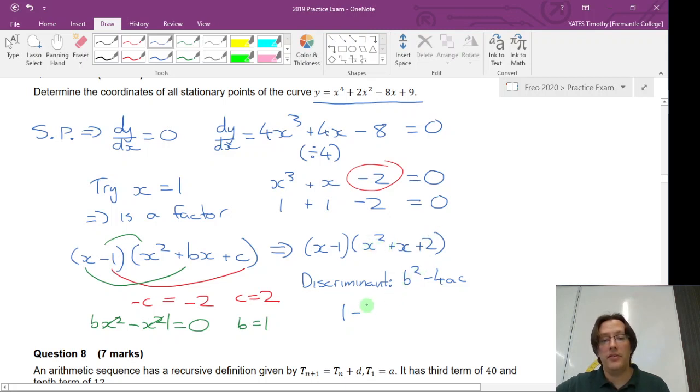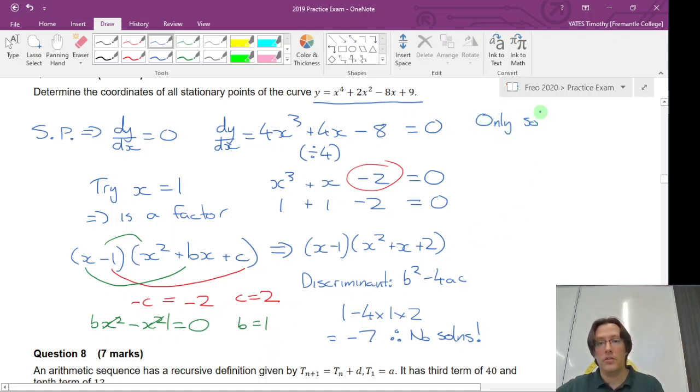A times c, it's going to be 4 times 1 times 2. That's equal to -7. And with a negative answer, we have no solutions. So there's only one solution at x equals 1. And now that we've done that, we've worked out the only solution is at x equals 1.